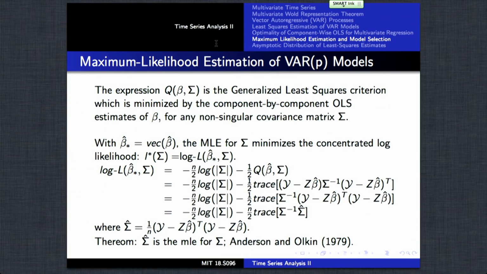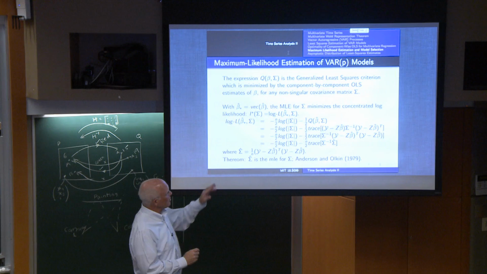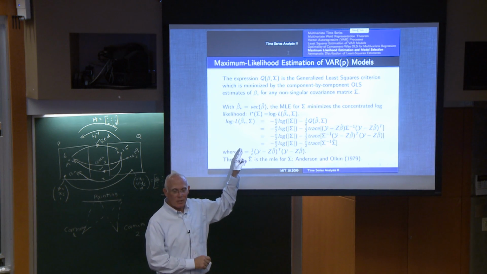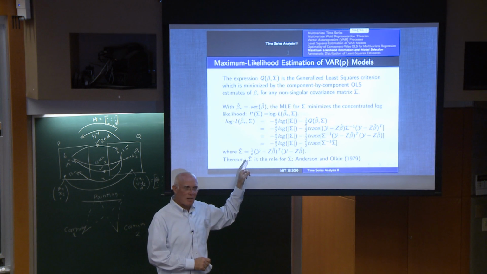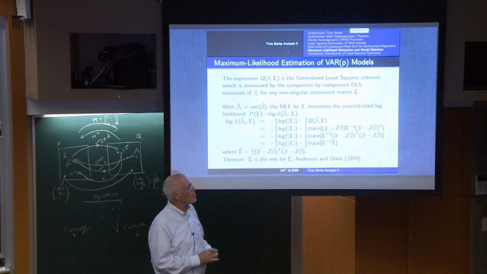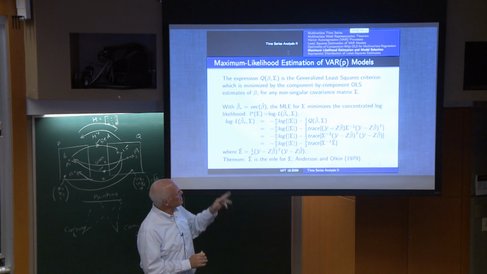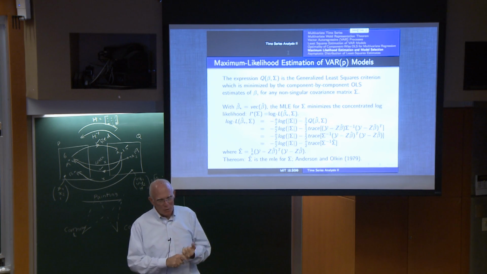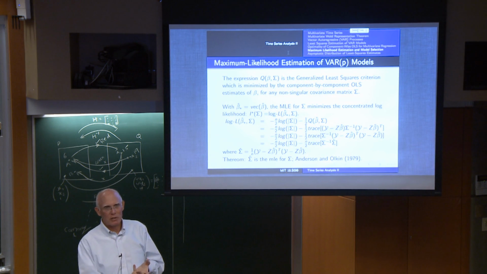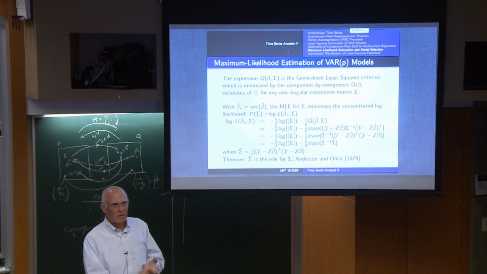And in terms of estimating the covariance matrix, there's a notion called the concentrated log likelihood, which comes into play in models with many parameters. In this model, we have unknown parameters, our regression parameters beta and our covariance matrix for the innovations sigma.